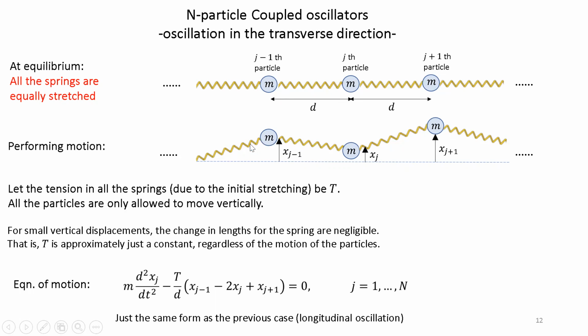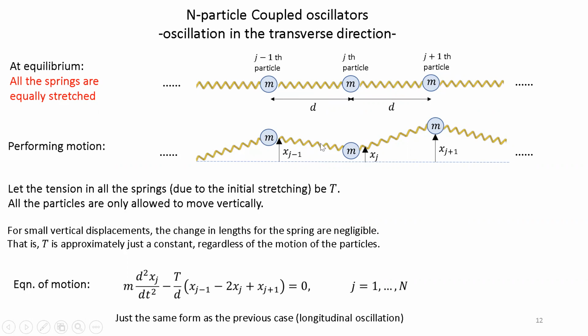And one more thing is that at equilibrium position, let's say all the springs are already stretched out. Just like when you consider a mechanical wave in a string, first of all, you have already made the string quite a bit tight, so some tension in the string. So just picture in your mind, all these springs are already stretched, not at their natural length anymore.